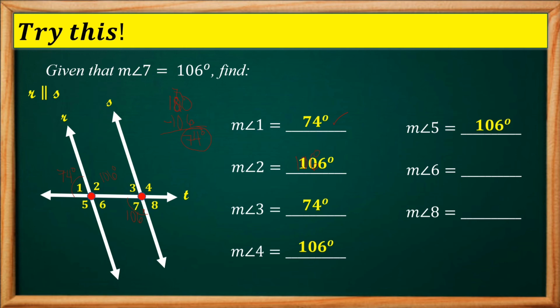How about angle 6? Remember, 3 and 6 are alternate interior angles, and they are congruent. The measure of angle 3 is 74, therefore angle 6 is 74. How about angle 8? Angles 6 and 8 are corresponding angles, and the measure of angle 6 is 74, therefore angle 8 is 74 degrees.